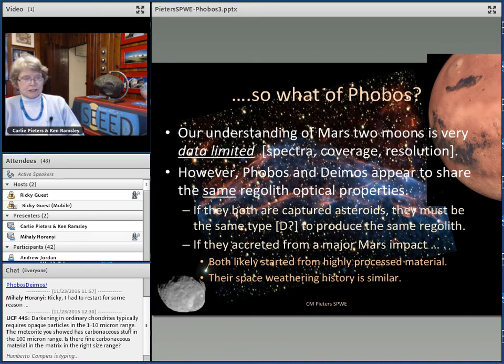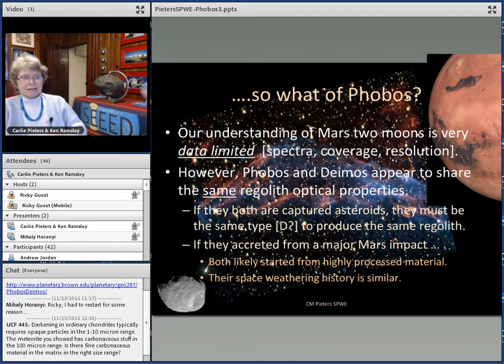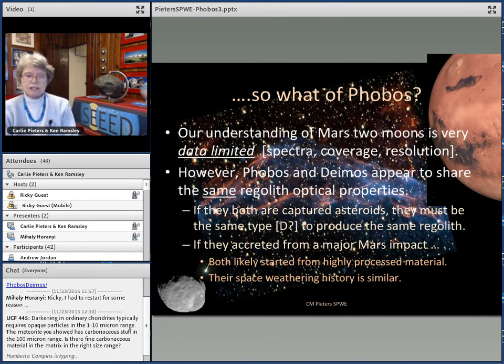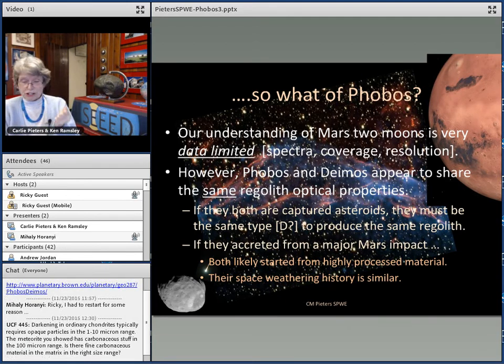And this was discussed extensively in some of the previous presentations. Are they captured asteroids? Are they accreted from a major impact into Mars? If they are captured asteroids, they must be of the same type, this unusual D type that we haven't seen, but you have to have that for both asteroids. If it's hard to do it for one, it's going to be hard to do it for twice.